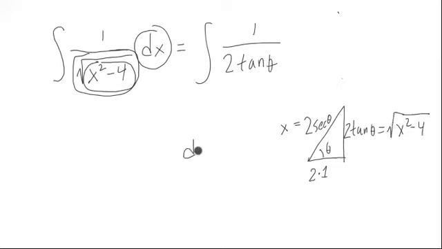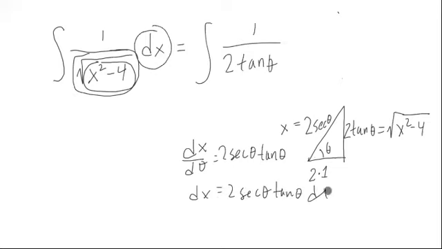If we take the derivative of x with respect to theta, we would get 2 secant theta tangent theta. And this allows us to write dx is 2 secant theta tangent theta d theta. So we can simply replace the dx with this.